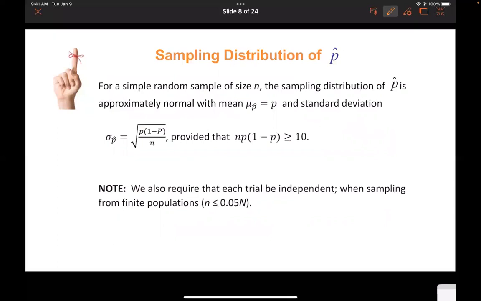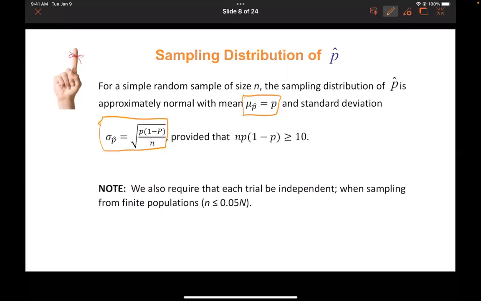Just as before, when we were doing sampling distributions, this draws on 8.2. It's approximately normal with our mu equals our p. So whatever p value or p-hat we're given, our mu is going to equal that value. We will use this to calculate the standard deviation.